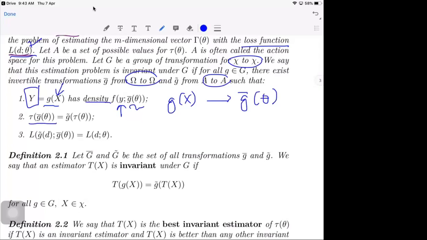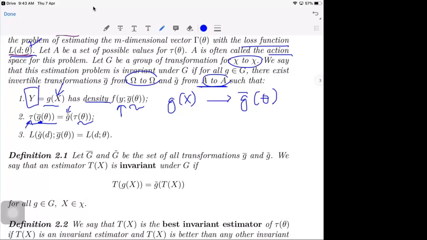Also, if you apply a transformation tau on your parameter space by this G bar group of transformation, then that is just equal to applying a transformation G tilde on the set A, the action space, at tau of theta.